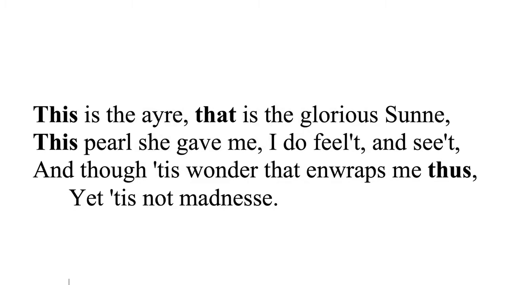This pearl she gave me, I do feel it and see it, and though 'tis wonder that enwraps me thus, yet 'tis not madness. Those were stage directions for the character playing Sebastian, and Shakespeare was encouraging this person to have a point of view about each moment.